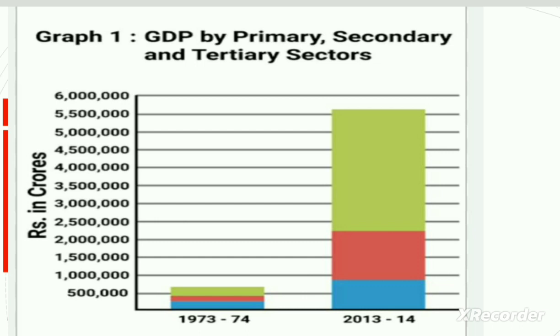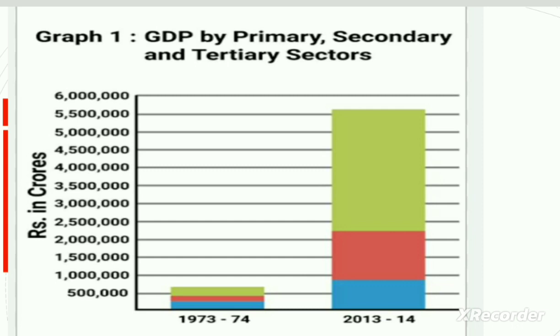Except a few states of our country, in the rest of the country you can see agriculture is backward. And in the agricultural sector, we can see mostly people are employed more than the required numbers.